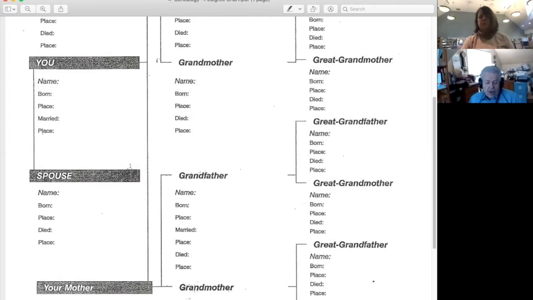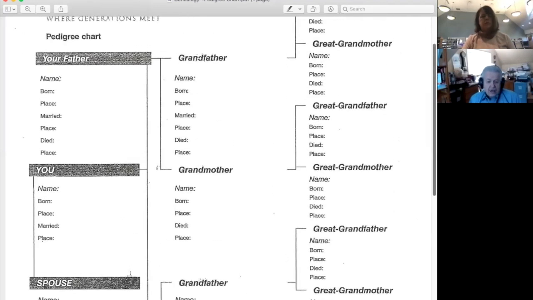So let's go up a little bit to where it says father, and you see that the same information is there: name, born, the date, and then the place, married, and then the place, and then the death date if they passed away, and the place.